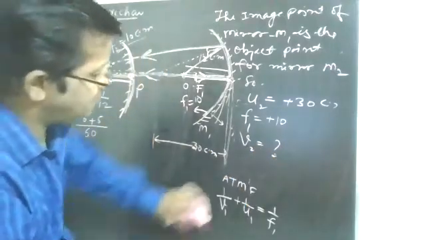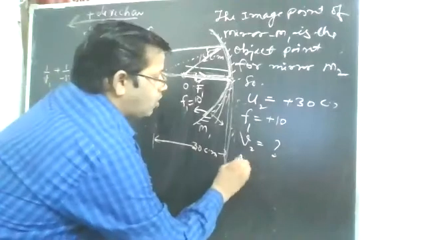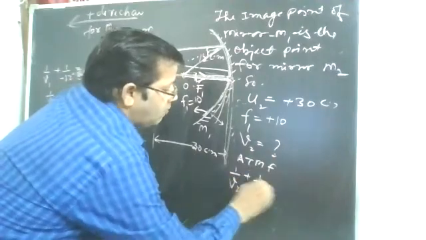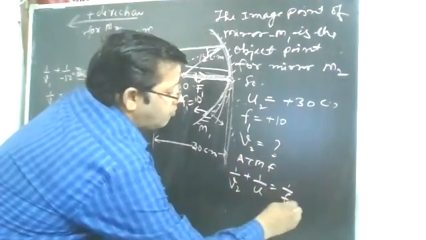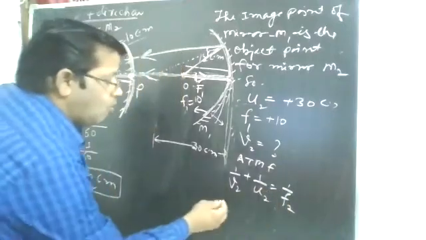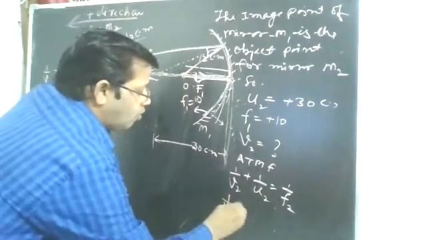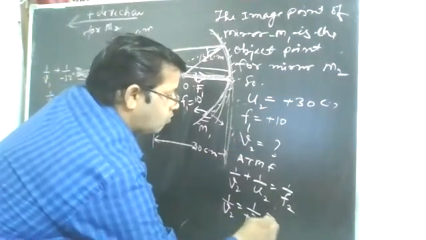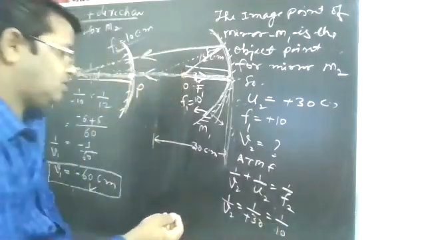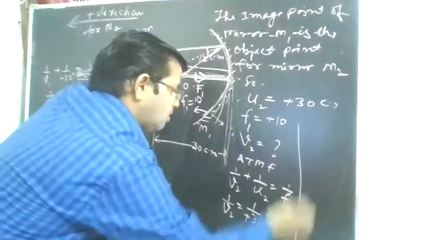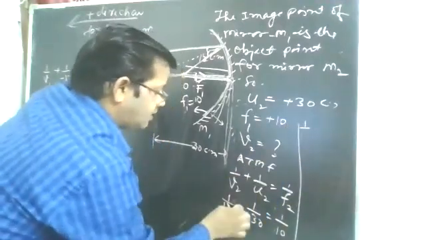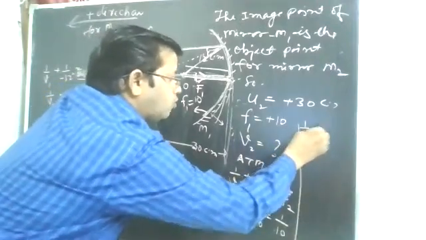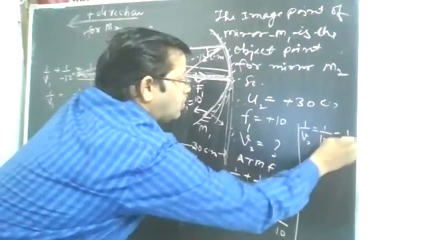Now apply the mirror formula. According to the mirror formula, 1 by V2 plus 1 by U is equal to 1 by F for the second mirror. What is the object distance? Plus 30. What is the focal length? Plus 10. Now solve this. 1 by V2, here plus sign; when this goes to the other side, minus sign. 1 by V2 is equal to 1 by 10 minus 1 by 30.